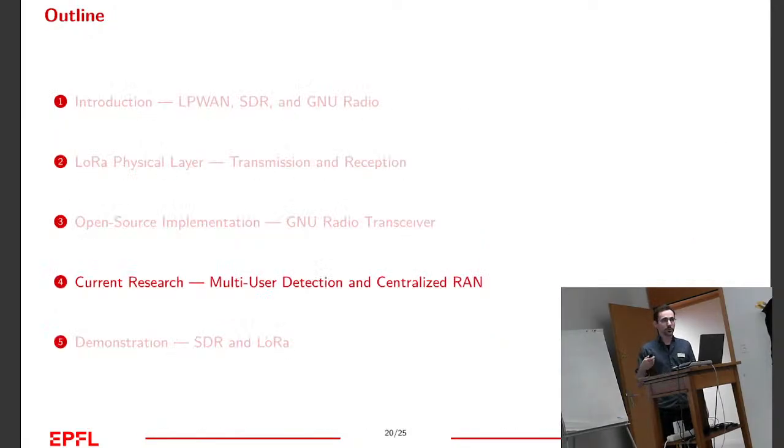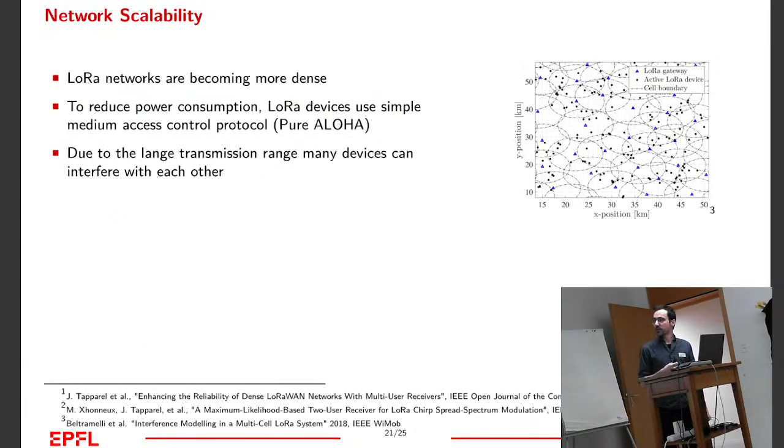Now, for what we're doing, because in our group we want to use LoRa, but not just use it as is, we have mainly been focused on improving the scalability of LPWAN networks. As it becomes more and more popular, there are more and more nodes that use that technology.